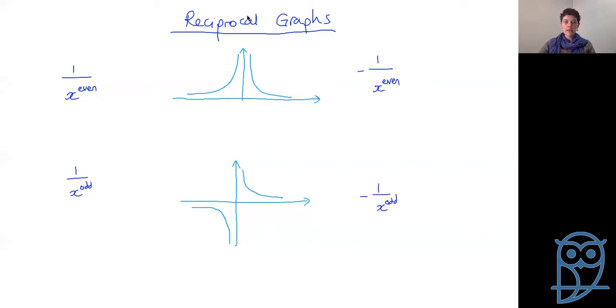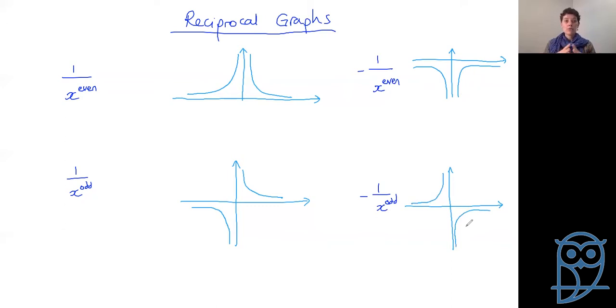What happens here? Well, everything that was positive is going to become negative. So we're just going to sit underneath instead. Everything that was positive will become negative. Everything that was negative will become positive. So we also just flip over that x-axis.